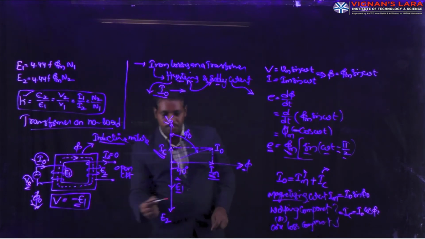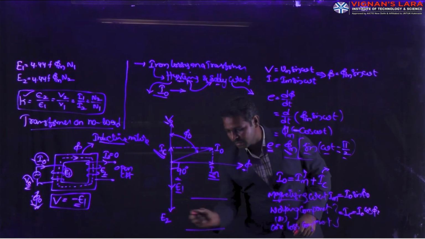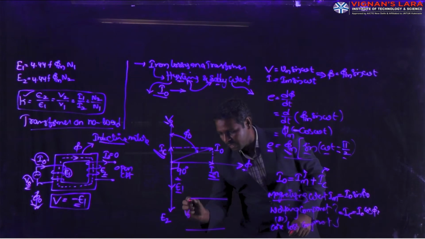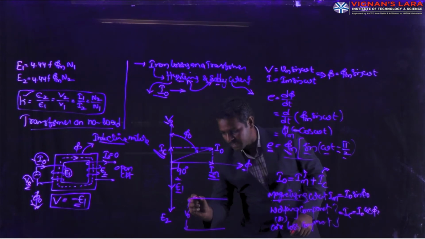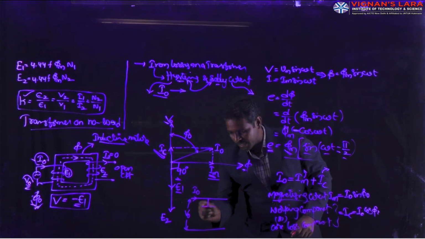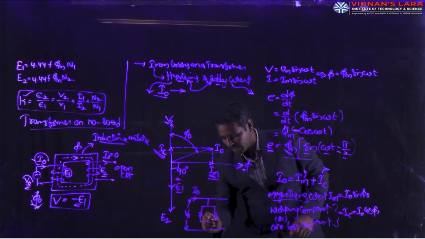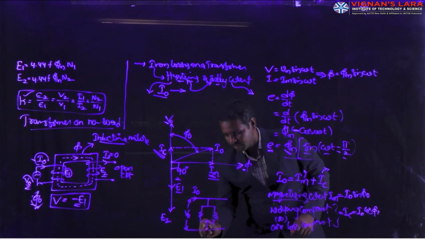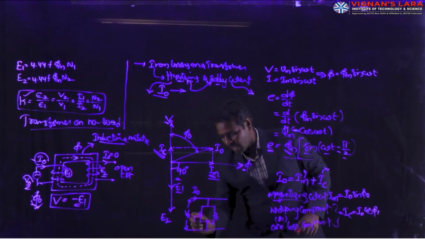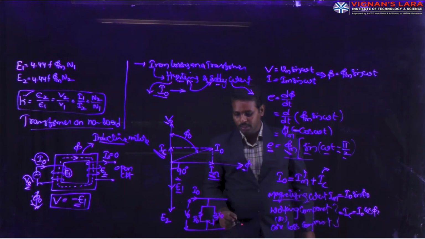This diagram is again simplified into another form. The voltage is V naught, and the current drawn from the supply is I naught, which is divided into two parts: a resistance component and an inductive component, R naught and X naught.